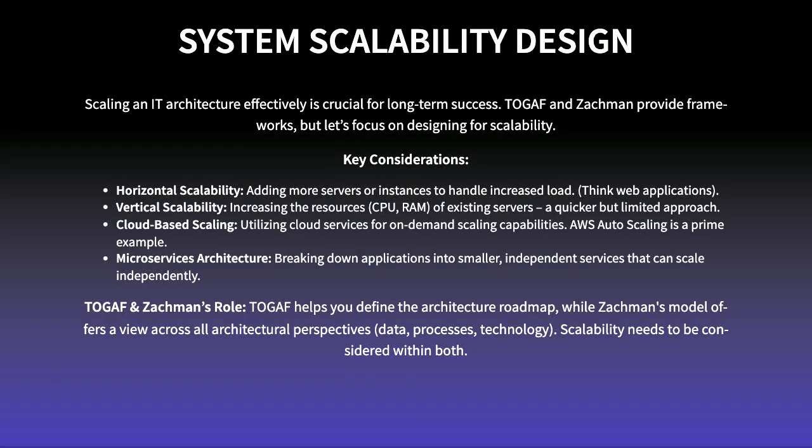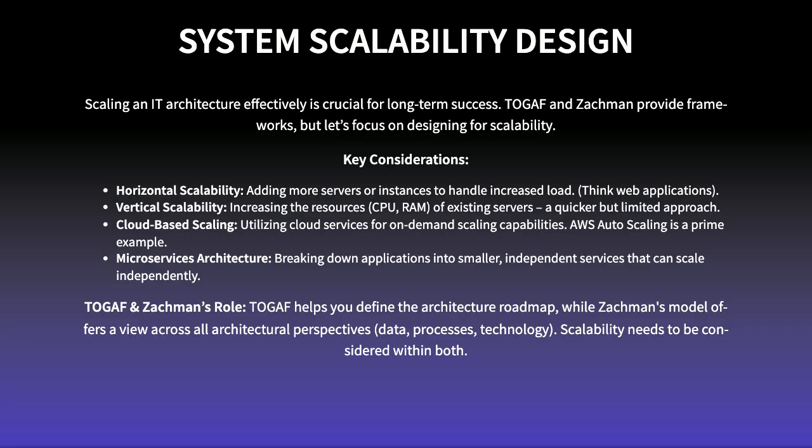Okay, let's talk about scaling your IT systems. It's not just about making things faster today. It's about ensuring they can handle growth and changing demands in the future. We've got two big frameworks to consider, TOGAF and Zachman, but for this slide, we're specifically looking at how to design for scalability.